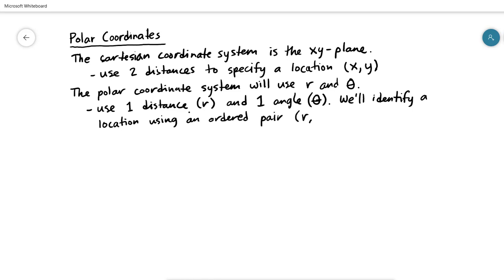And it'll be r first and theta second. Okay, so this is all fine and dandy in the abstract, but to have this actually make sense, we should draw a picture. And so let me draw both of these things together.